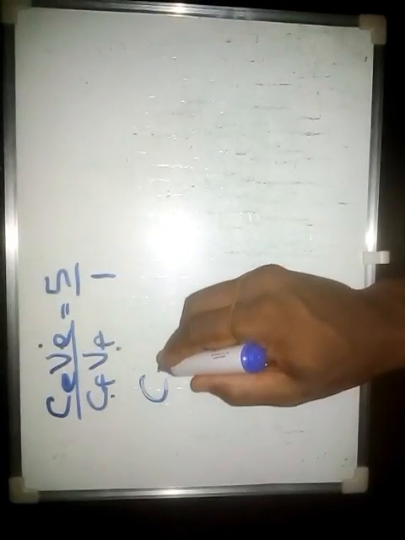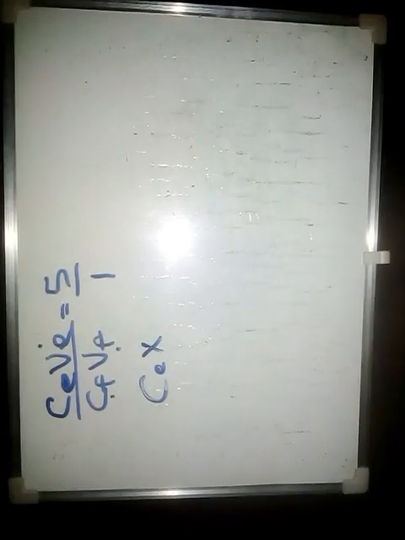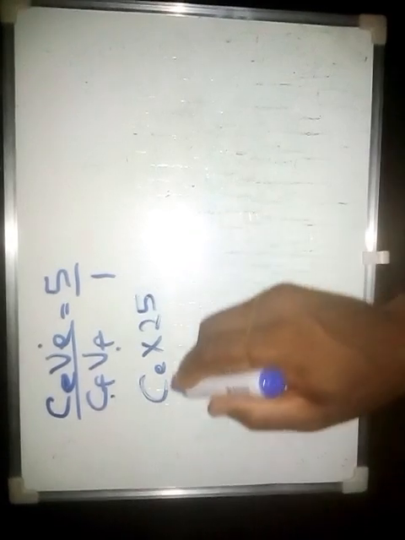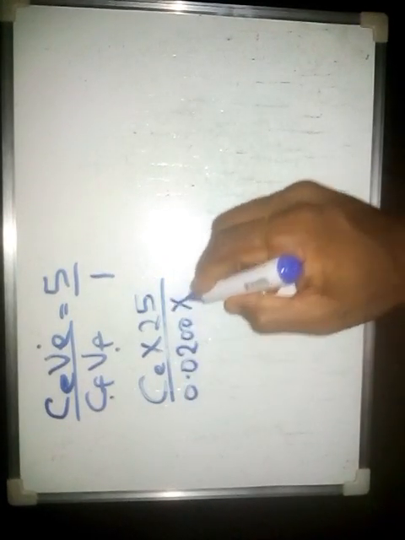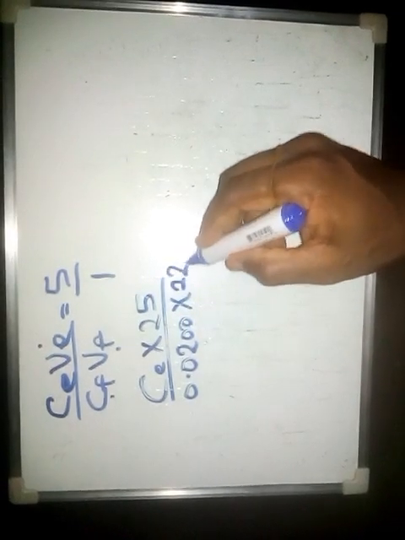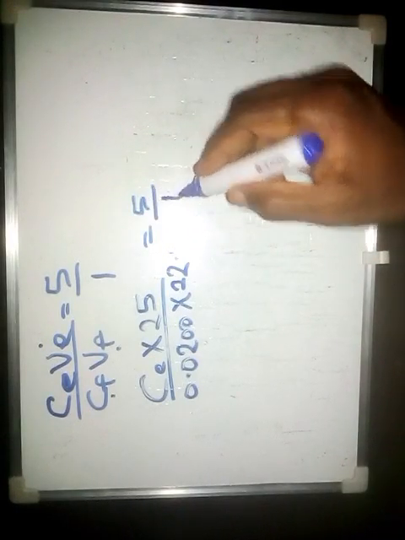We are looking for this, so I'll just slot in the values. CE times VE, which is 25, over 0.0200 times 22.50 equals 5 over 1.